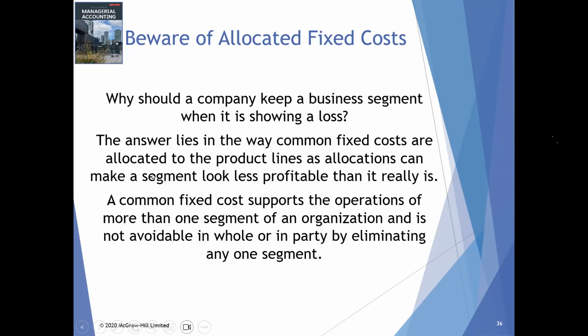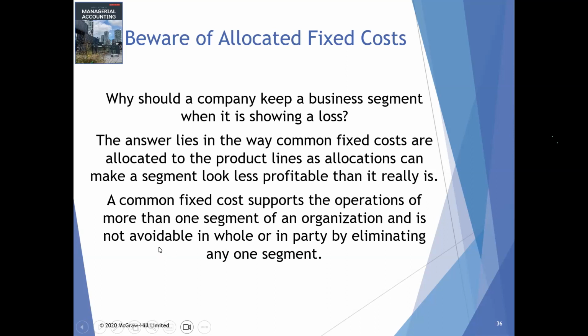The answer lies in the way common fixed costs are allocated to the product line, as allocation can make the segment look less profitable than it really is. So a common cost, the common fixed expenditure, supports the operation of more than one segment of an organization and is not avoidable.